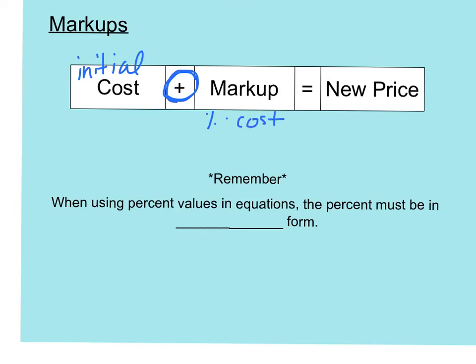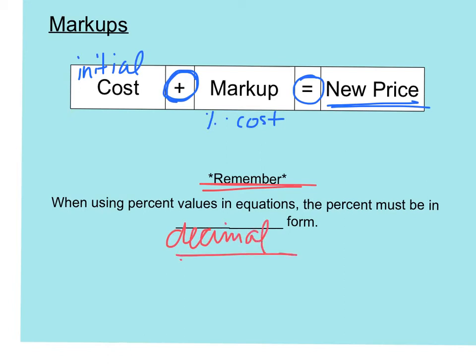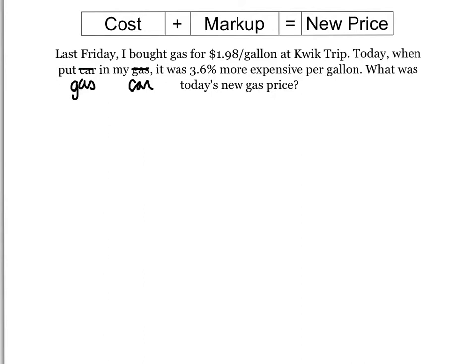And it's going to equal our new price. When you mark something up, it's no longer a sale, so it's just the new price. And once more, remember that when using a percent value in our equation, it has to be in decimal form. Do not forget to convert that.